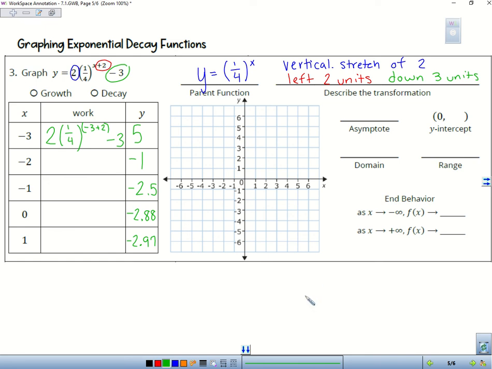Is this one growth or decay? It's decay because the base is between 0 and 1 instead of greater than 1. What's the asymptote here? Negative 3. Okay, so now we're going to plot our points. Negative 3, 5. Negative 2, negative 1.